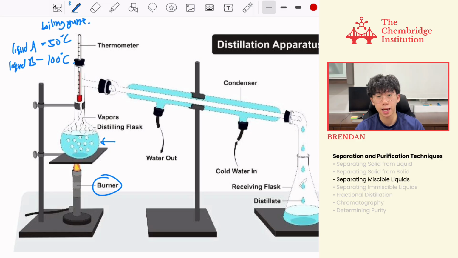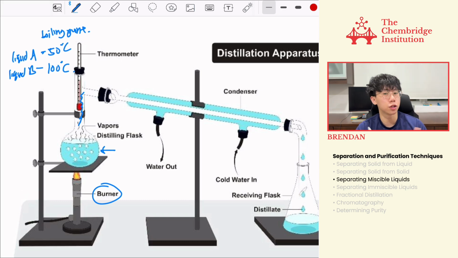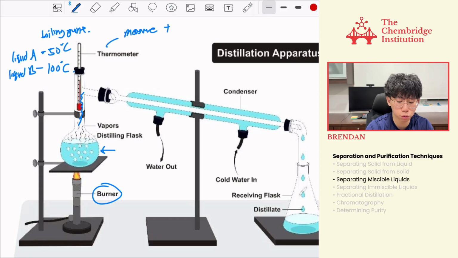What's going to happen is that as you heat it, there's going to be vapors, because you are boiling and you're also evaporating the liquid, and the vapors are just going to come up all the way to the intersection point. The purpose of the thermometer is actually to measure the temperature of the fumes.